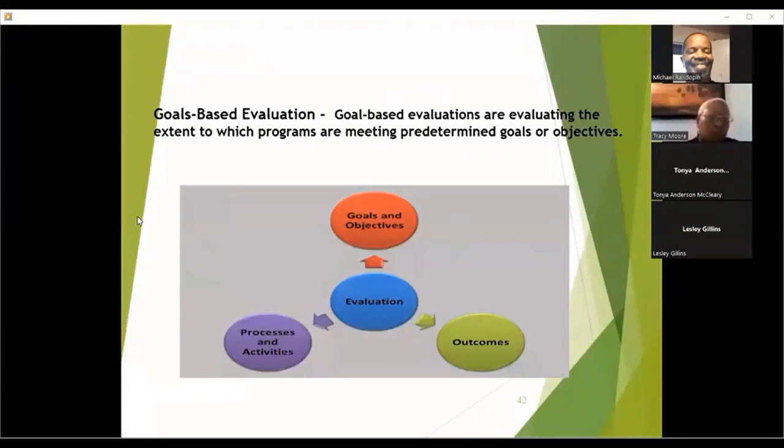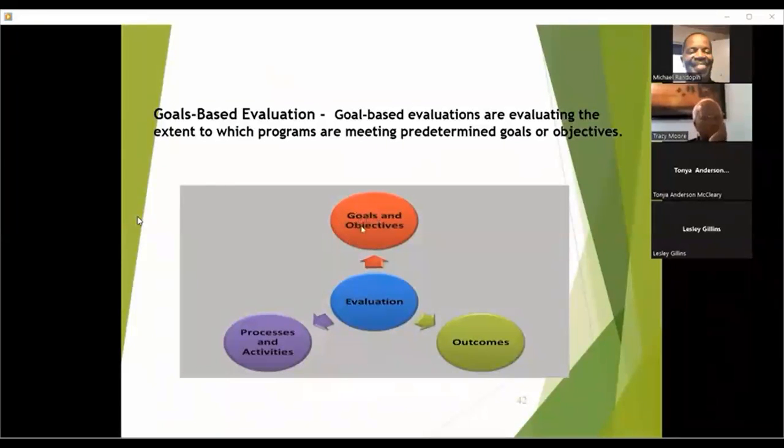The first type of evaluation is what we call a goal-based evaluation. Goal-based evaluations evaluate the extent to which the program is meeting predetermined goals and objectives. The chart that we use starts with the goal and objective, then goes to the process and activities, and then outcome and evaluation. A lot of times you might start with goals and objectives, but your activities change.